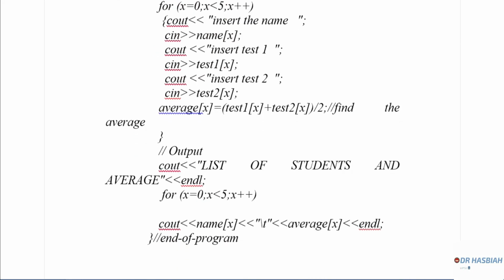Okay, so we have seen here first how to declare the array, then how to use the array of char, array of integer, and then array of float, okay. I use array of integer here, similar, if you want to use array of float, you can also use array of float, right?